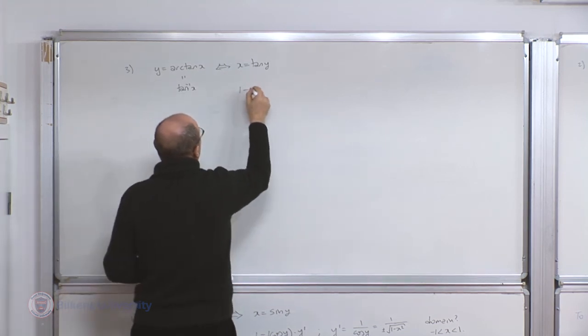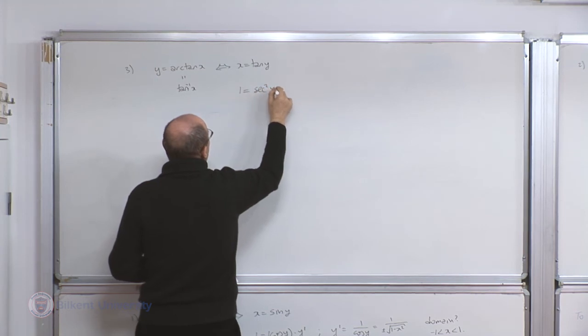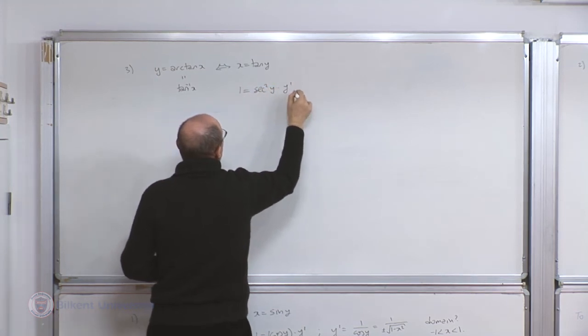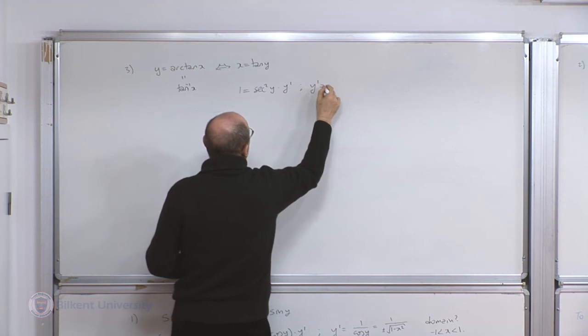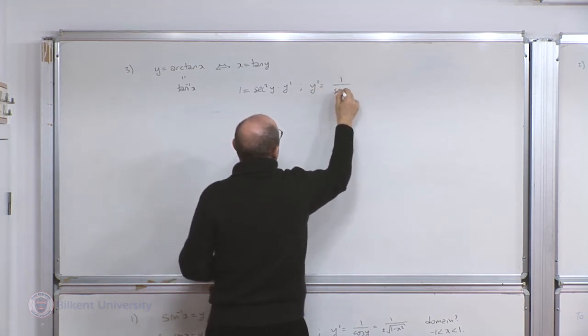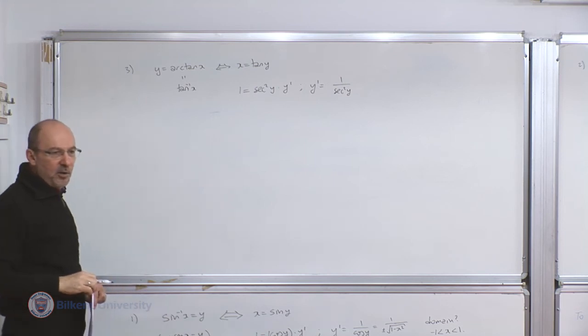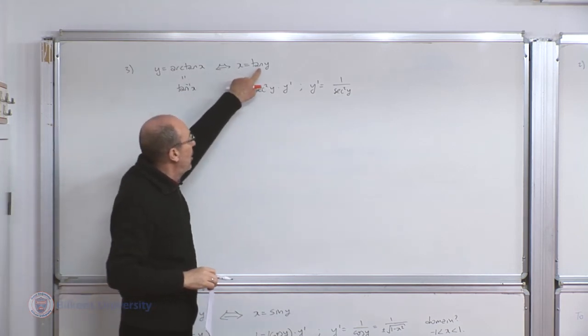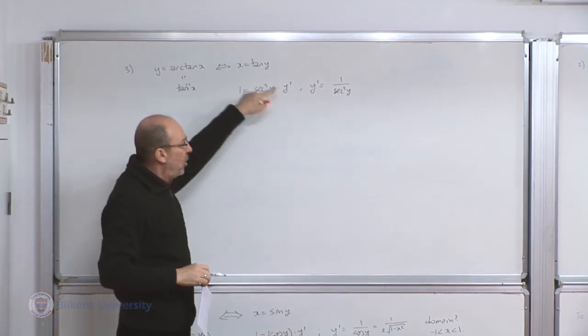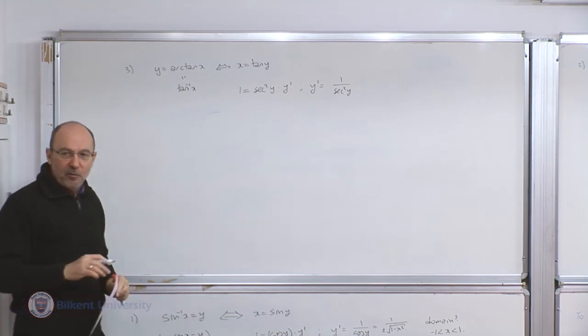So derivative of tangent is secant square y times y prime. So y prime is equal to 1 over secant square y. So I have to find a relation between secant and tangent. I want to be able to express secant in terms of tangent, and tangent is x. So I will be able to give a formula for there.